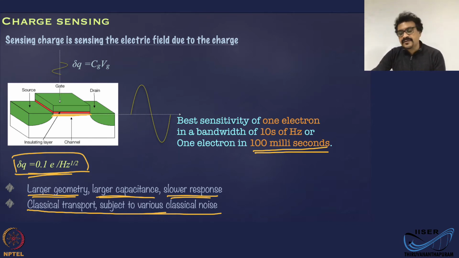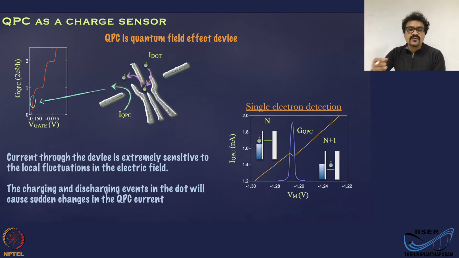Now, what you have in hand to do these measurements is another mesoscopic but field effect device. Okay, that's a quantum point contact. What we have learned is the conductance of the quantum point contact exhibits this step-like behavior as a function of the gate voltage.